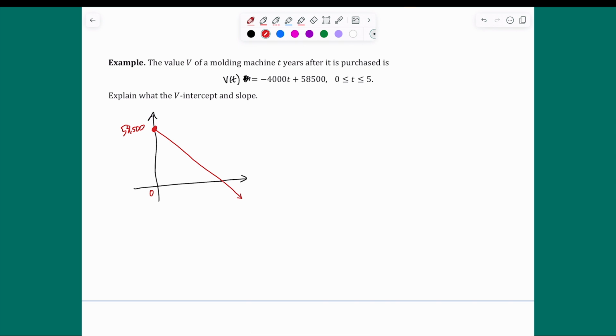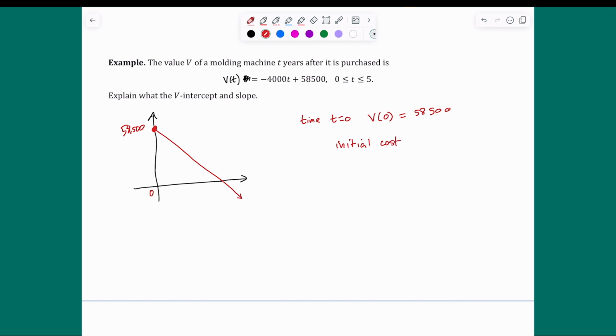All right, so what does this mean? Well, it's just the initial cost of this molding machine. So at time 0, V gives an output of 58,500. So it's the initial cost of this molding machine.